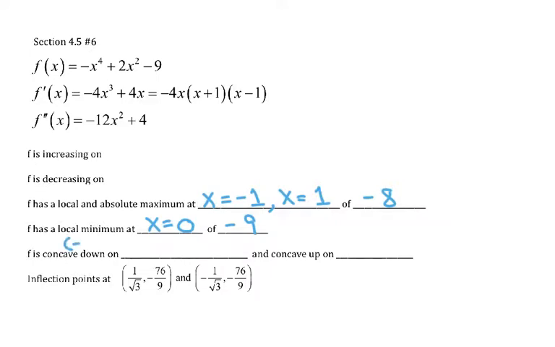Concave down from negative infinity to negative 1 over the square root of 3, and from 1 over the square root of 3 to positive infinity, concave up in the middle. And let's see, I'm going to go back.